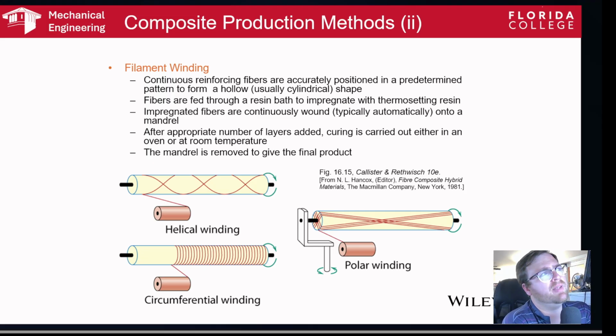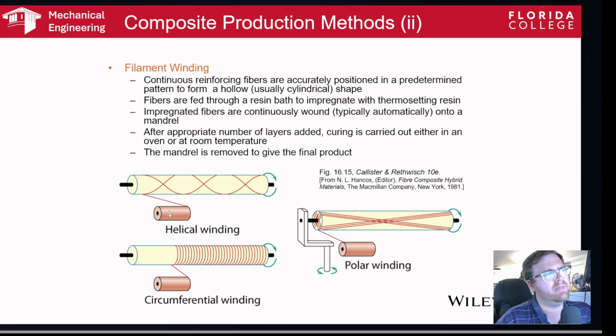We can also have a filament winding procedure. This is also continuous fibers, but now we're talking about winding them. This is done quite a lot with tubes. If you look quite a few lessons ago when I was talking about the composite tubes that I would work with, those were wound in the same way.